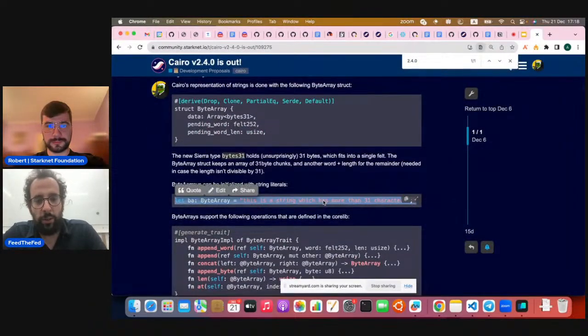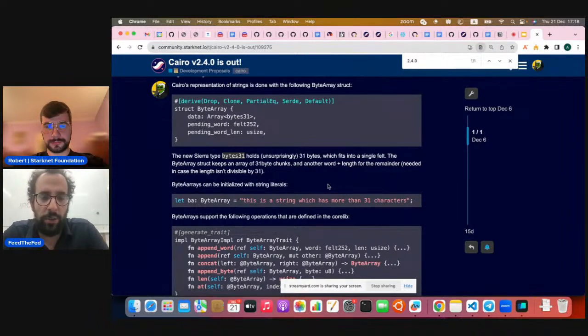First of all, long strings, probably the oldest request in Cairo since the days of Cairo 0. So far, we only had short strings, which were limited to 31 characters. So old enough Cairo developers have developed the ability to estimate visually whether or not a string is longer than 31 characters.